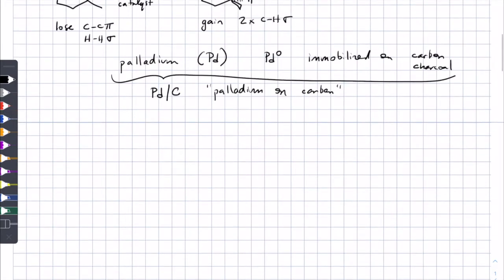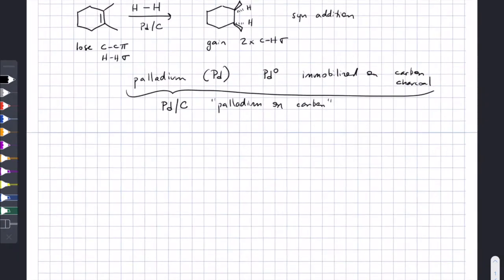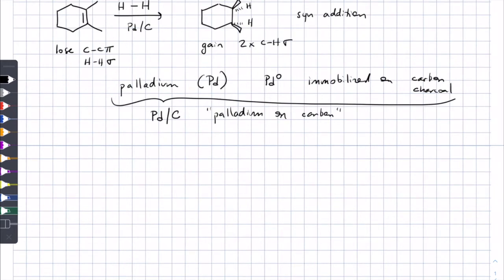But how does this react? How does this catalyst facilitate the reaction? The mechanism you're not going to be responsible for. What I will show you is more of a way to remember what happens than an explanation for how it happens. But envision at the microscopic level, these spheres might represent individual palladium atoms.